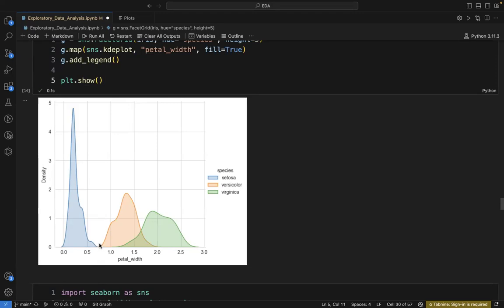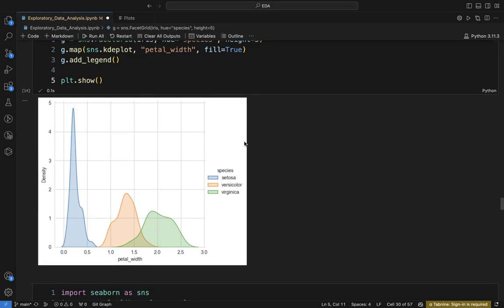So the thumb rule or the mathematical foundation here is the farther these distributions are, the better. The farther these distributions are, the more well separated they are. The more separated they are, the better.